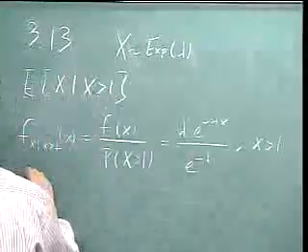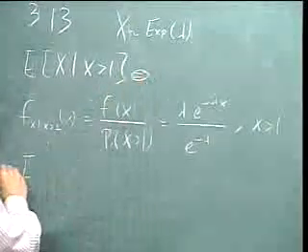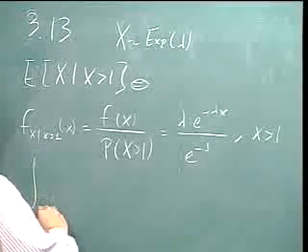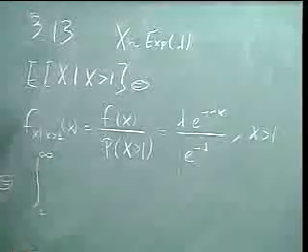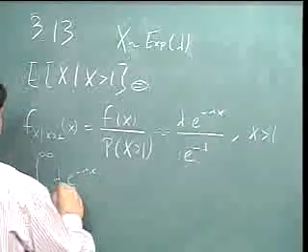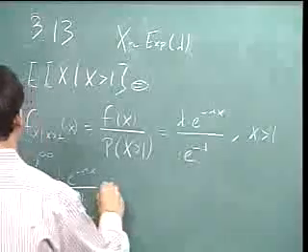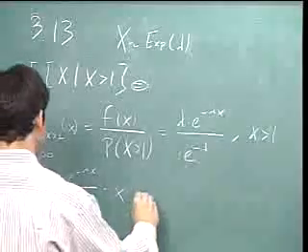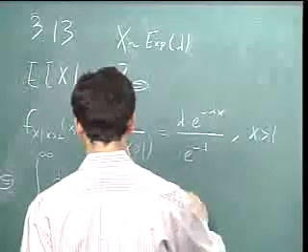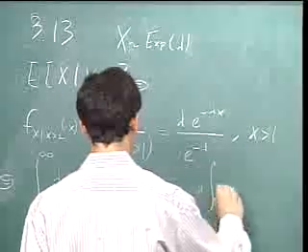So now to calculate the integral, this would be equal to the integral from 1 to infinity of lambda times e to the minus lambda x over e to the minus lambda times x dx. So this is e to the lambda times this integral.